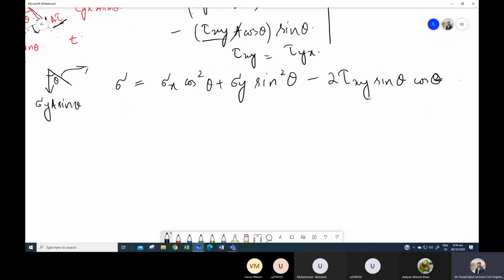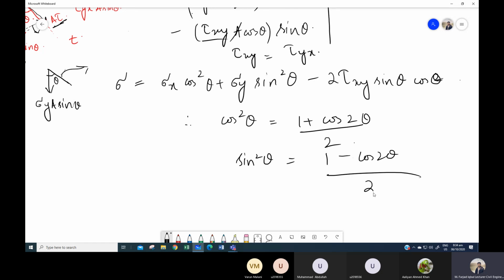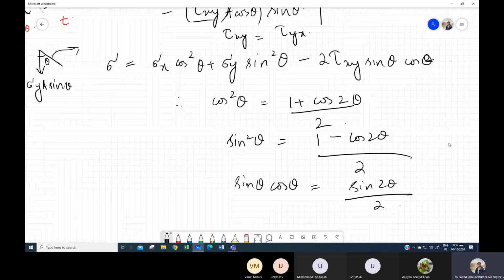Now, if you remember, there were some identities that you have studied in basic courses: cos square theta is equal to 1 plus cos 2 theta by 2, sine square theta is equal to 1 minus cos 2 theta over 2, and sine theta cos theta is equal to sine 2 theta by 2, right?